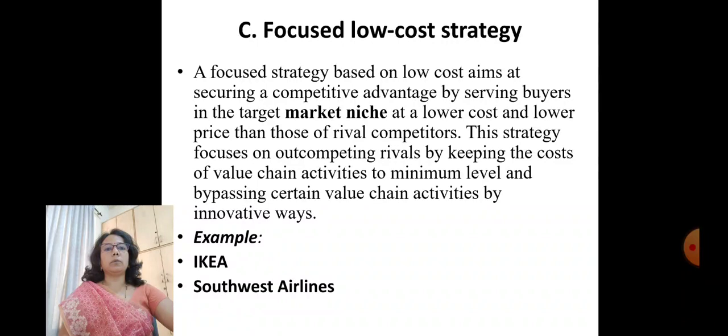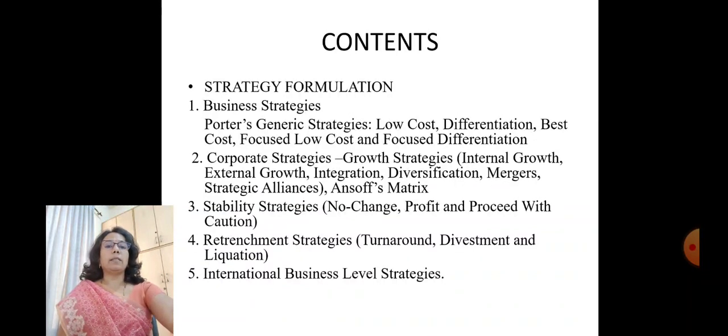It's actually divided into 4 mainly: cost leadership strategy, differentiation, cost focus and differentiation focus. But still we can divide it into 5: low cost, differentiation, best cost, focus low cost and focus differentiation.